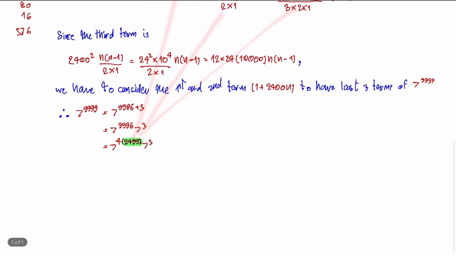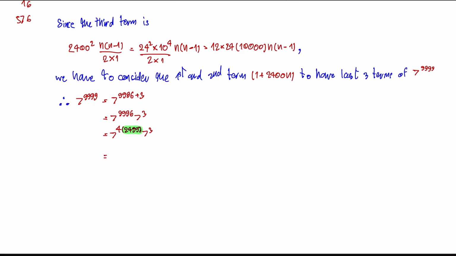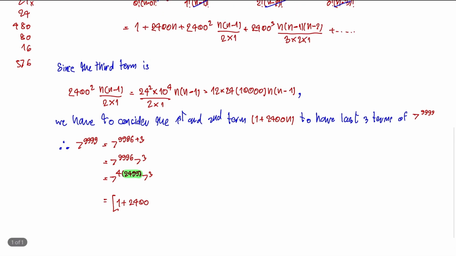All right, so we have to have 1 plus 2400 times 249, okay, plus this one, which is interesting, plus what? Okay, let's start to plug in this one.